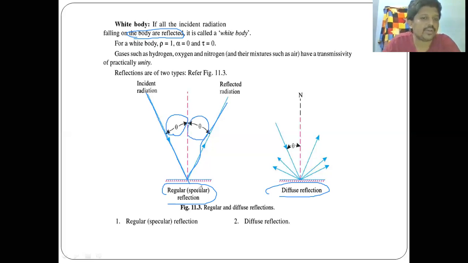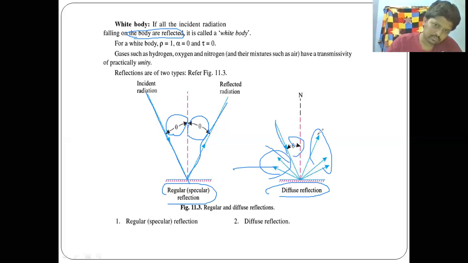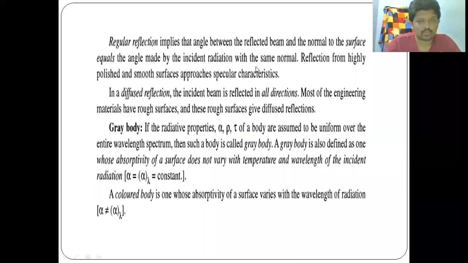That is what specular, or regular, reflection is. Diffuse reflection is when it is diffused into different directions. It cannot be only one way. See here, this is incident at an angle theta, and it is diffused into 1, 2, 3, 4, and 5. That is what diffuse reflection is. So we are seeing two types of reflections.